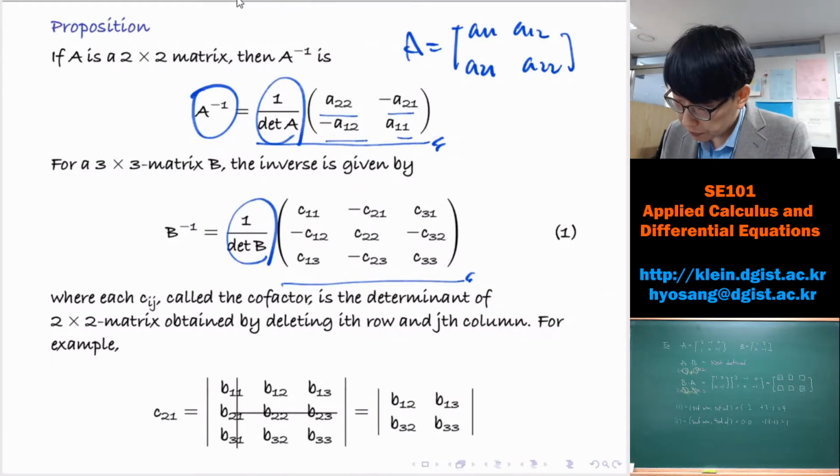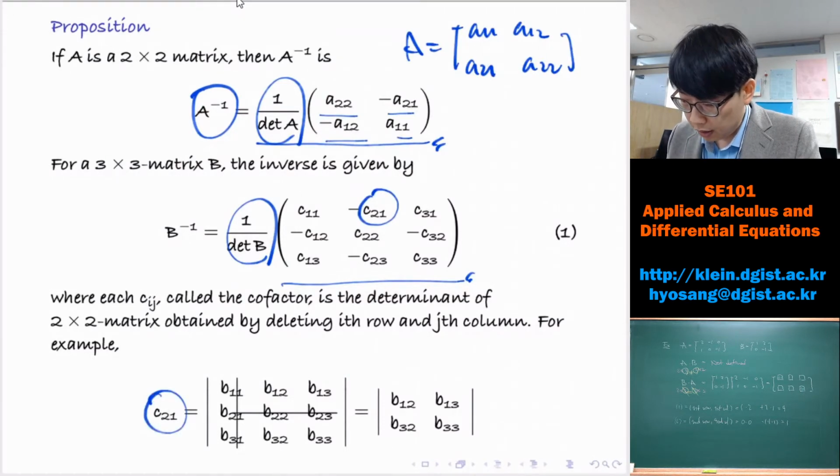For example, if I want to compute C21, then C21 is the determinant of the 2 by 2 matrix obtained by deleting the second row, because there's 2 in the first index, and the first column.